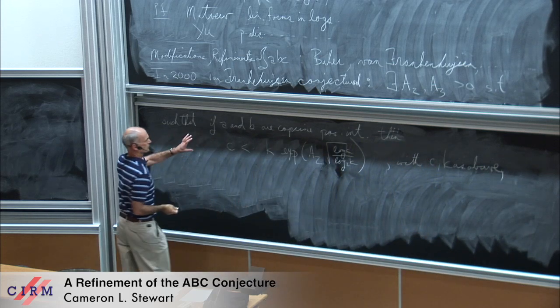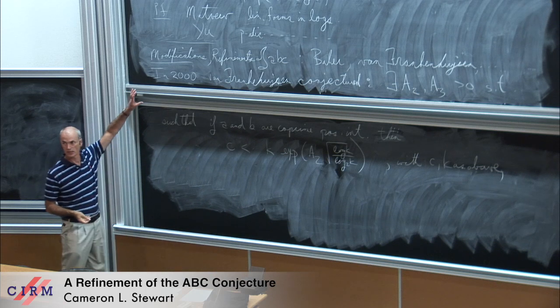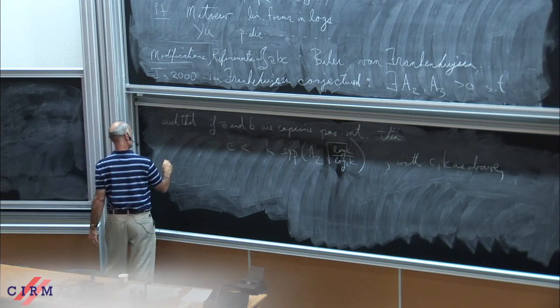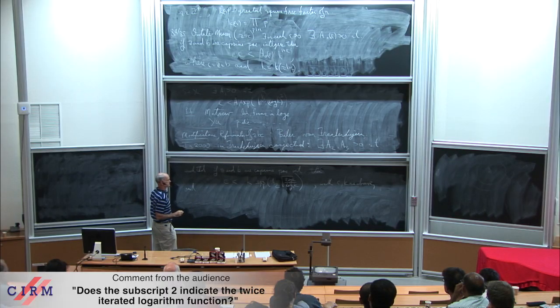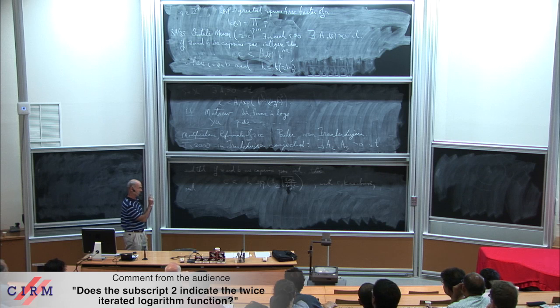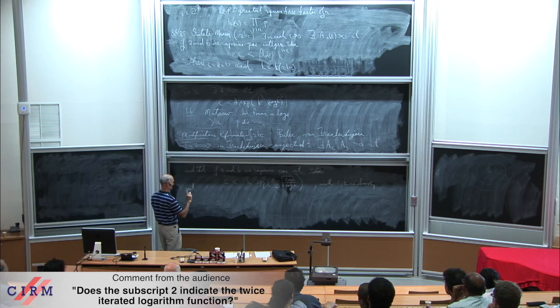And so this is a refinement, obviously, of ABC. Yes, it is the double log, but it's not quite the double log. Think of it as the double log, but let me just get to that in a second.